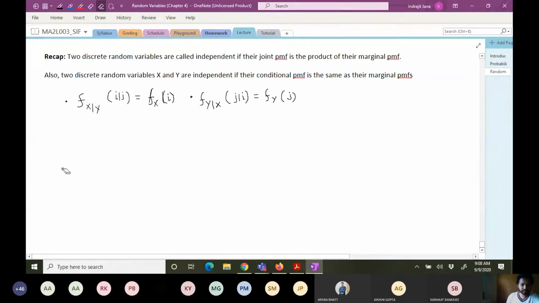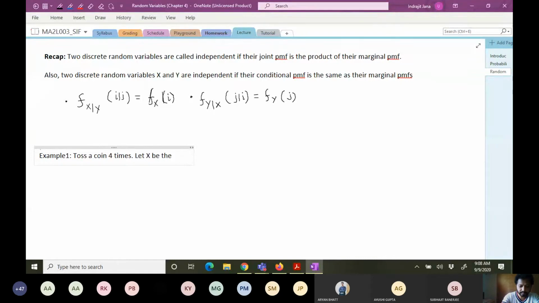Okay, so let's do one example. Toss a coin 4 times, and let X be the number of heads in the first 3 trials, and Y be the number of heads in the last 3 trials.